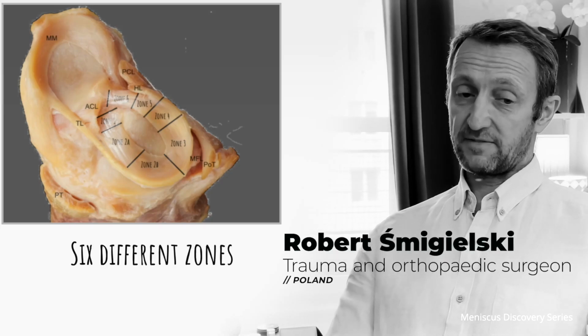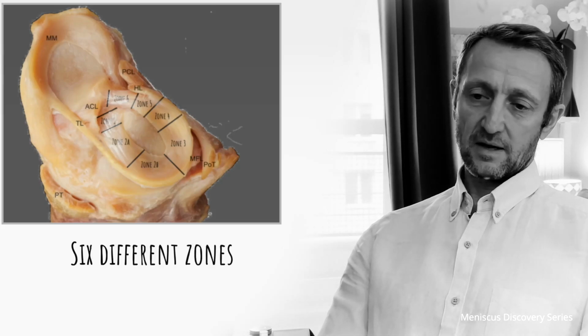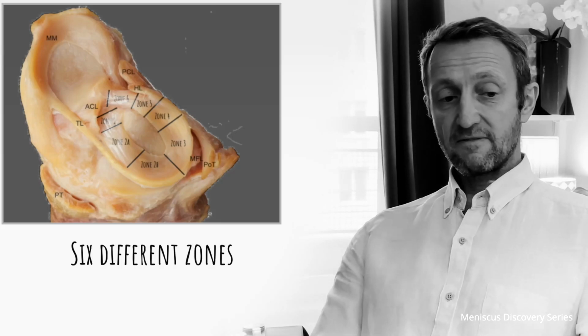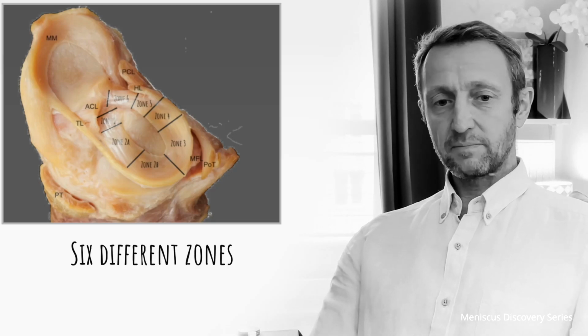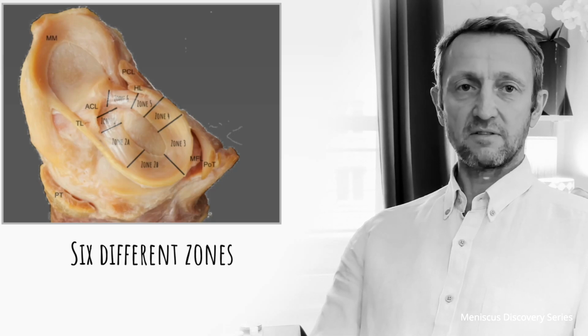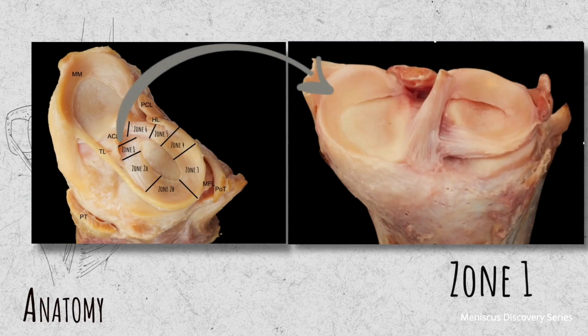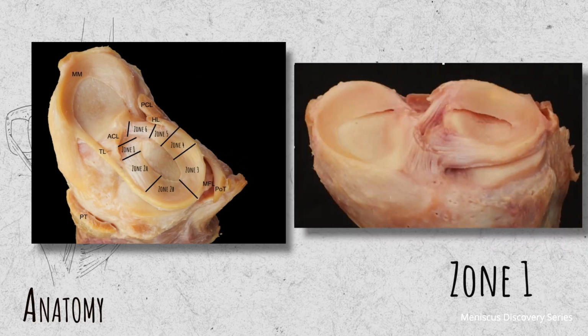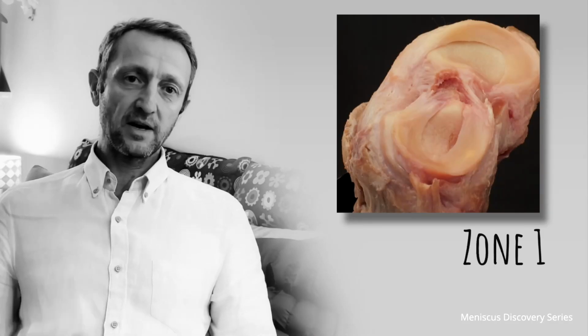Anatomical because they have different histology, and functional because they move differently and they play, in my opinion, different roles in the function of the meniscus. Zone 1 is the anterior root, like in all meniscus, medial and lateral. We start from the anterior part, anterior root, go around and finish on the posterior root. And zone 1 is the anterior root.